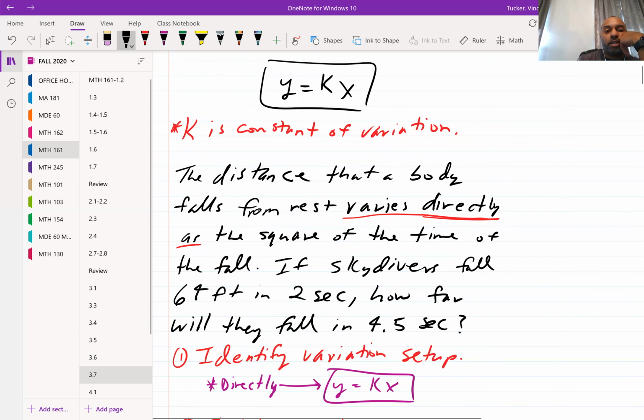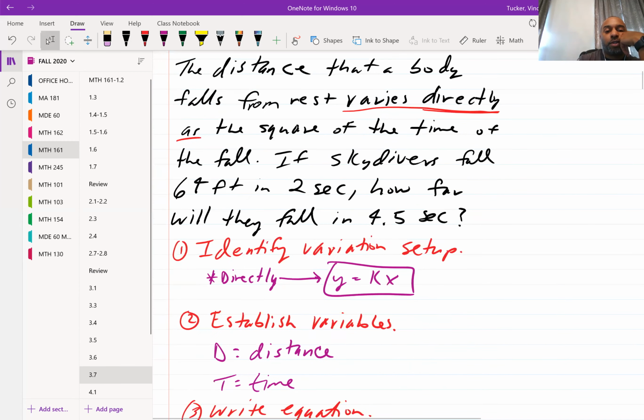I've got it written down in steps. The first thing we want to do is identify the variation setup. It says "varies directly as," so we're using direct variation. Then we want to establish our variables.